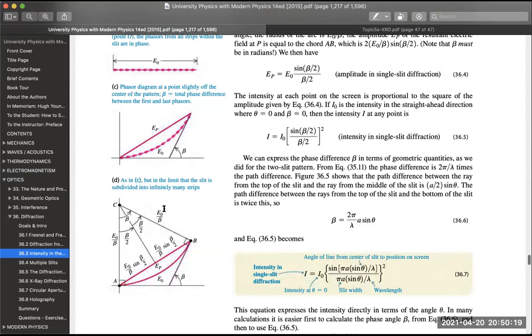All right, fine. That means that if we consider these right triangles, we're talking about E sub 0 over beta.